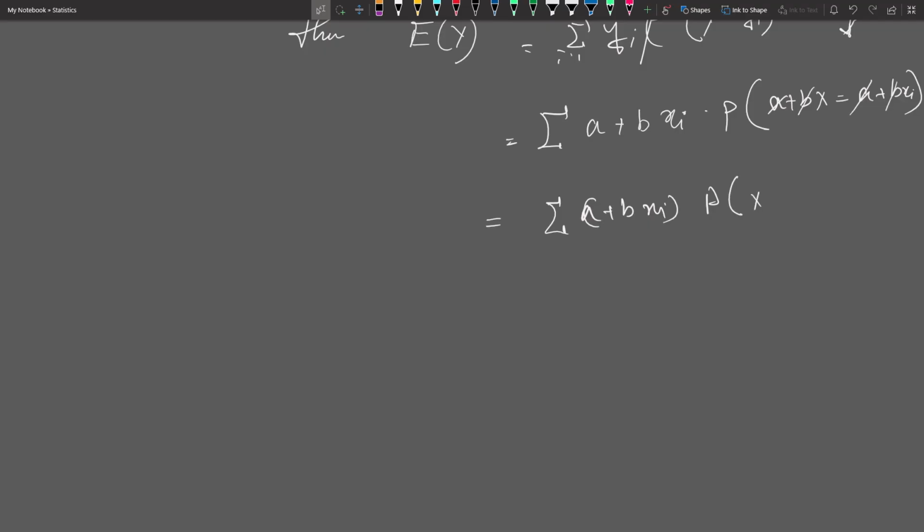P of capital X equal to small xi. So this is nothing but, I have to multiply this here, and finally we will get the result. Is it not clear? If it's not so clear, then go through the previous videos and that will give you clarity.